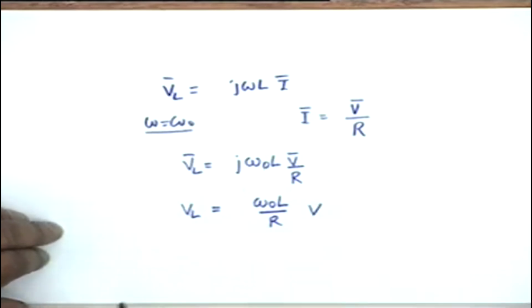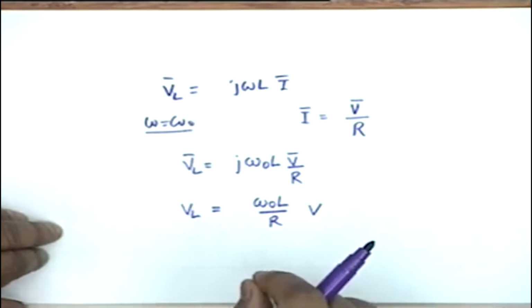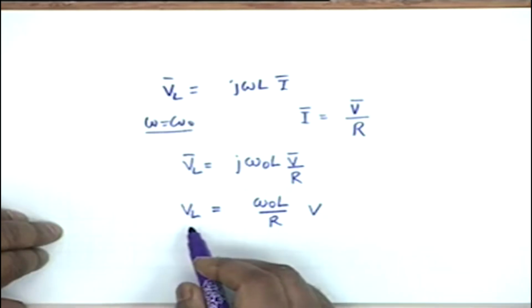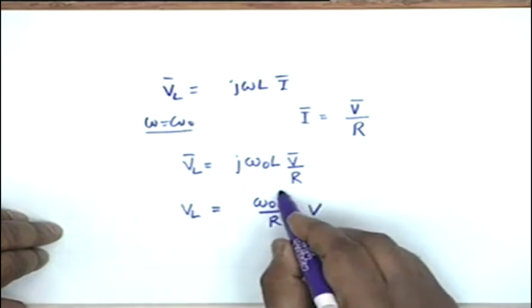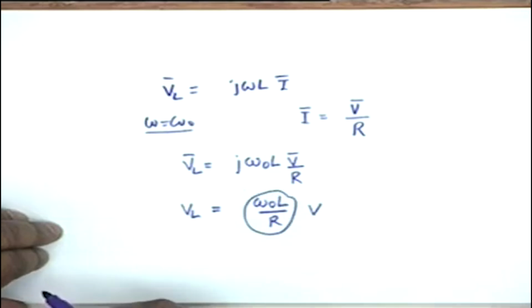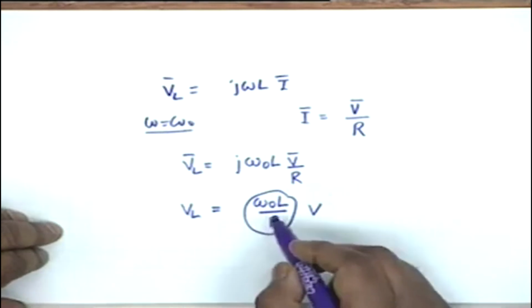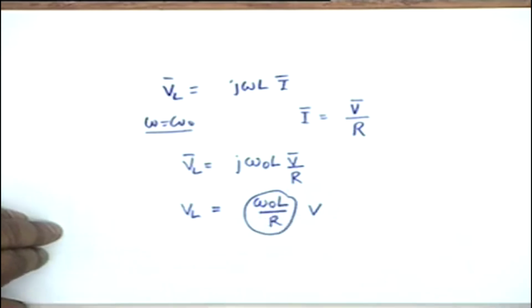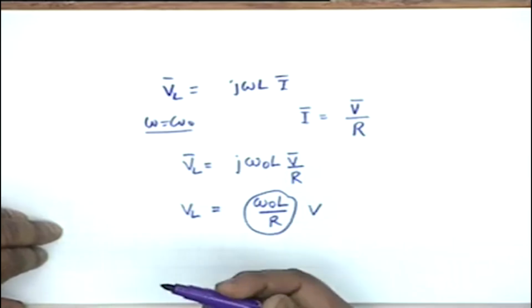For example, if capital V is 1 volt, root mean squared value, because in phasors we are using RMS values, then VL can be 1 volt multiplied by omega 0 L by R, and this quantity could be as large as infinity. Suppose we had no resistance in this circuit, suppose the resistance was 0.